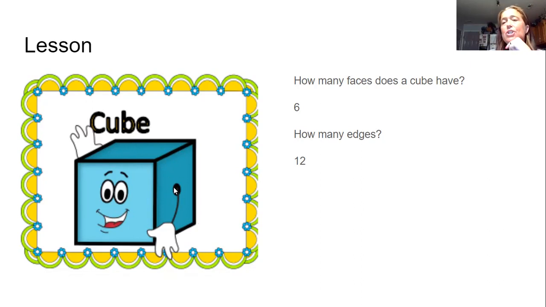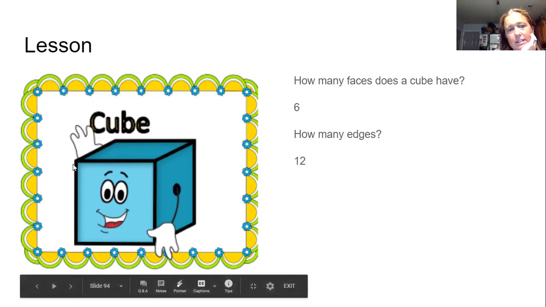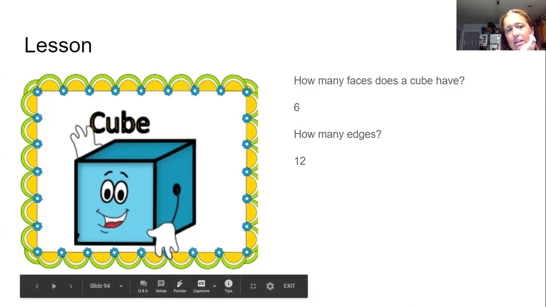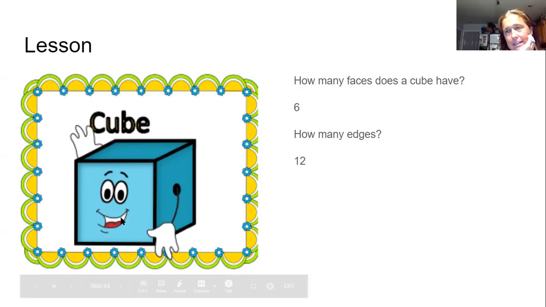So we only count each edge one time. We have 4 on this side, 4 on the one directly across. Then we have these two, so that's 4, 8, 9, 10, and then 11, 12, because we wouldn't count this one again because it's already been counted on this side. So we're only counting each edge one time. So how many edges does a cube have? 12.